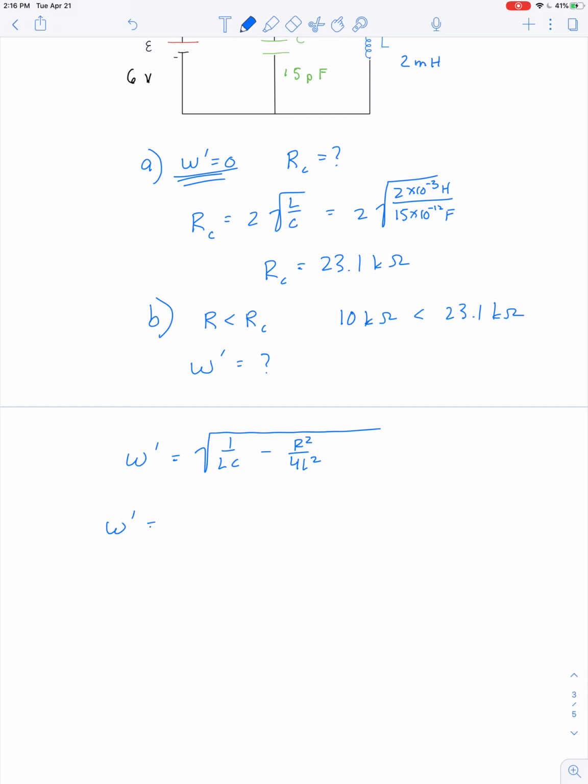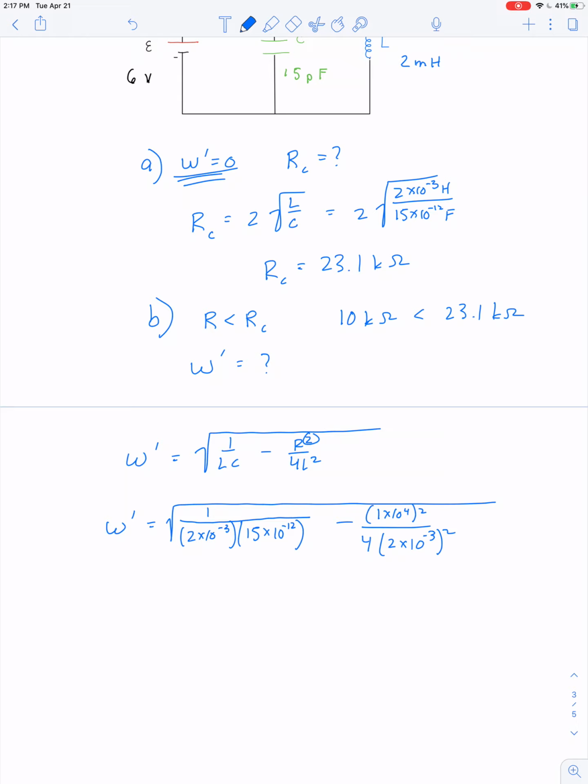So here we get a value that can be found if we grab our calculators and plug in the given information. The inductance is 2 times 10 to the negative third henries. The capacitance is 15 picofarads. The resistance is 10 kiloohms. That's 1 times 10 to the 4th ohms. We have to square that term, divided by 4 times the inductance, which is 2 millihenries, and that also gets squared.